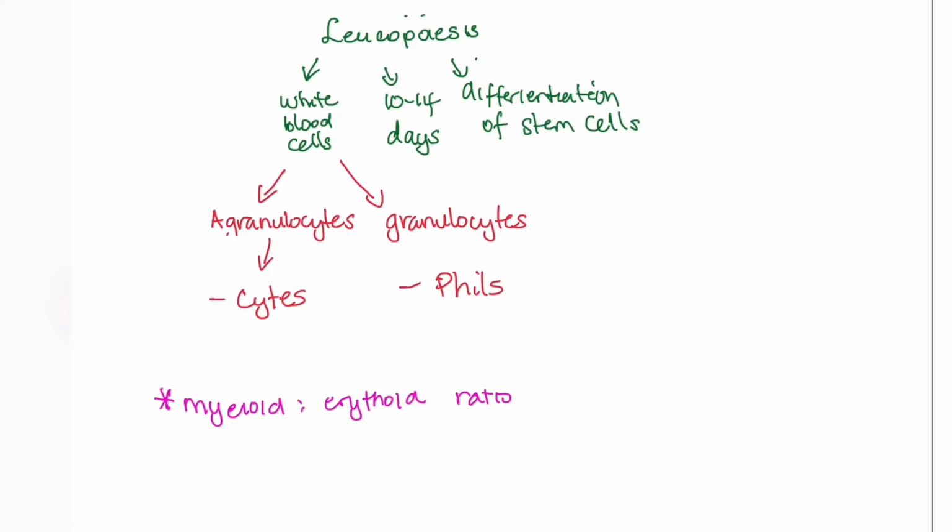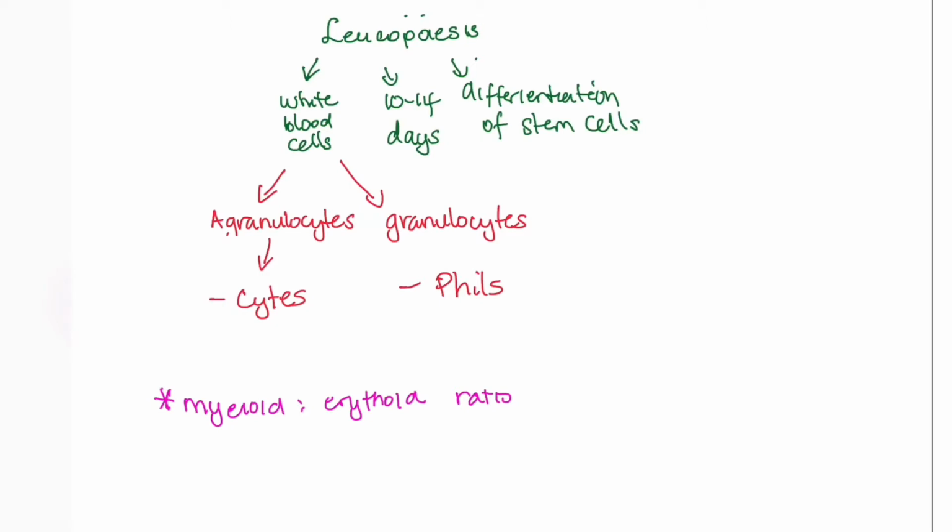Now the agranulocytes, how I remember this is that they end with cytes. So lymphocytes, which are the B and T lymphocytes, and your monocytes are your agranulocytes. Now for your granulocytes, the way that I remember this is that they end in phil. So neutrophil, basophil, eosinophils. All right.